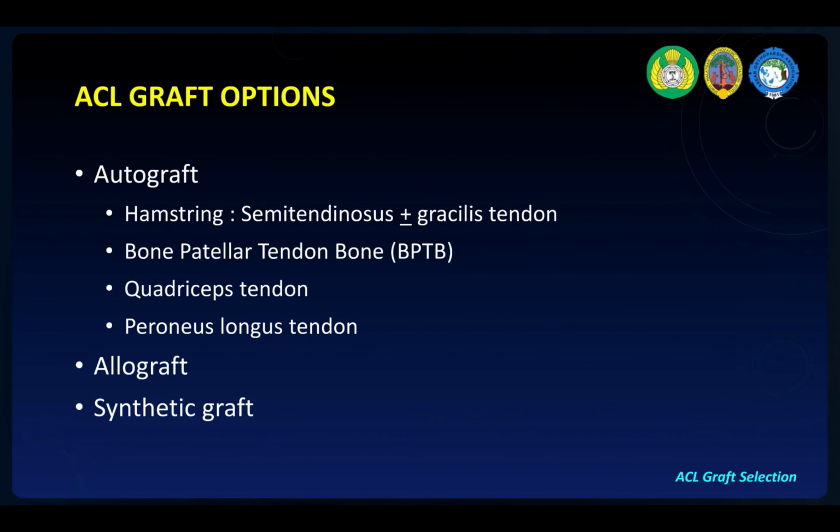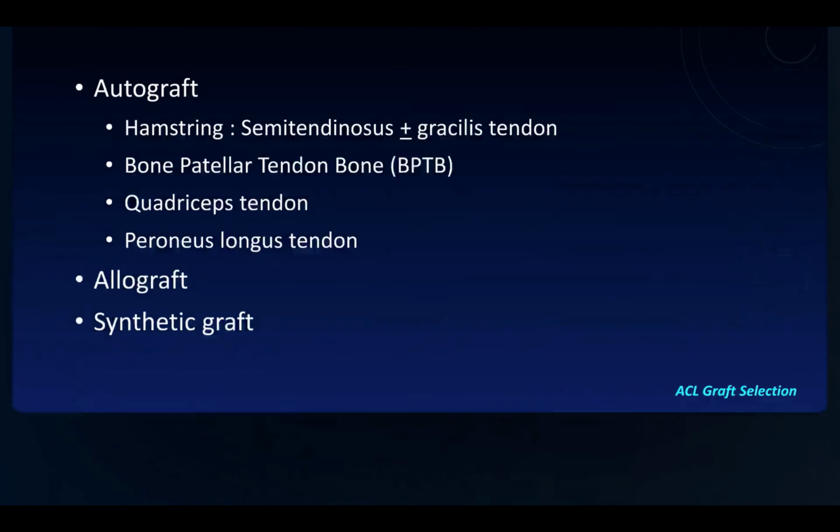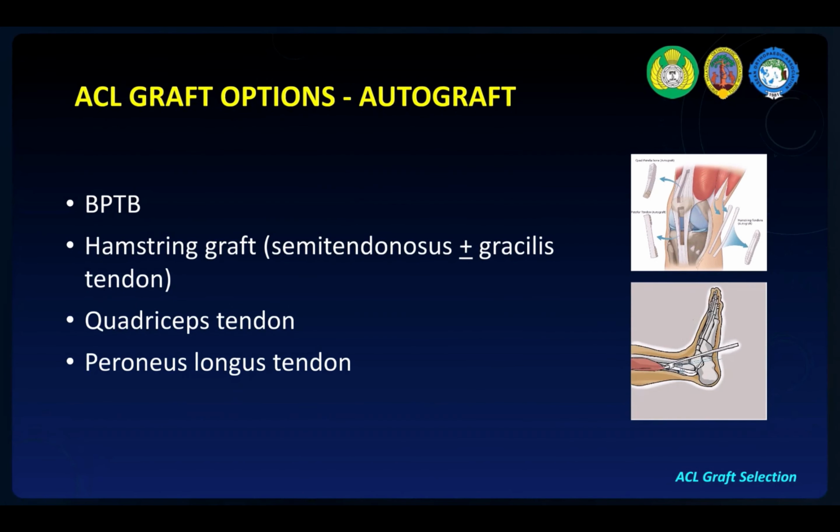The graft options for ACL could be autograft, allograft, or synthetic graft. For the autograft, the commonly used grafts are bone patellar tendon bone, the hamstring graft, semitendinosus with or without gracilis tendon, quadriceps tendon, and recently the peroneus longus tendon has become more popular.